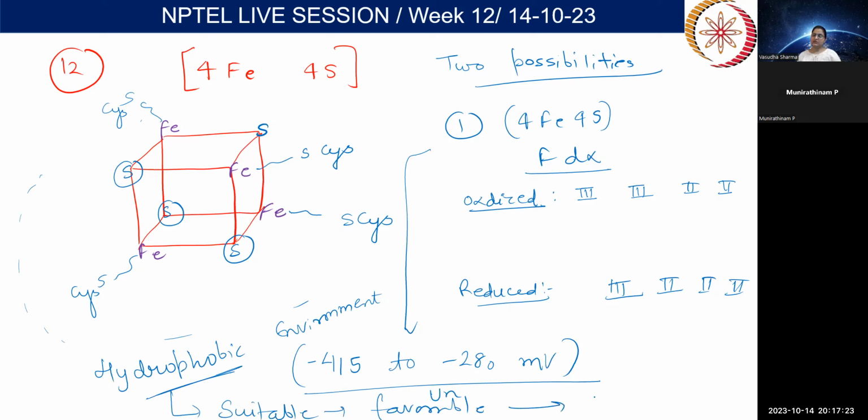Whenever the surroundings of the system are unfavorable, that tends to give a positive delta G value, a positive free energy value. And when this is positive, the potential value E would be negative. This potential is nothing but your redox potential, the capacity of going from one oxidation state to another. Redox properties, like one is getting reduced, the other is getting oxidized. So that potential is in the negative range.